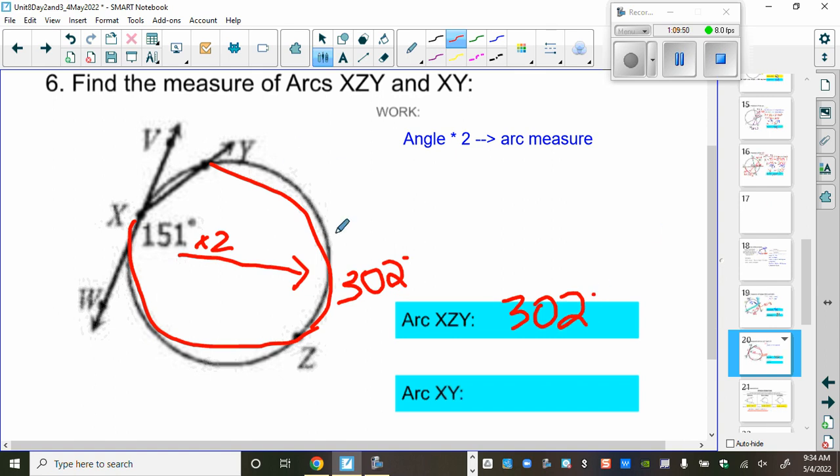And then if I want my other arc, if I want this arc, remember the grand total of our circle was how many degrees, people? 360. So what's 360 minus 302?